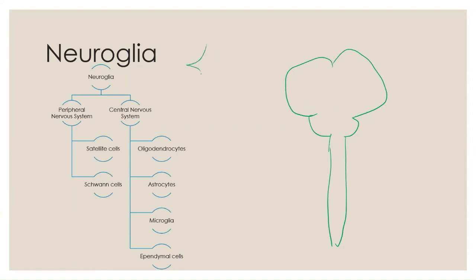If you cut the body like this, this is the face, this is the front, the nose and the mouth. If you cut in a direction in this manner, it gives a coronal section.